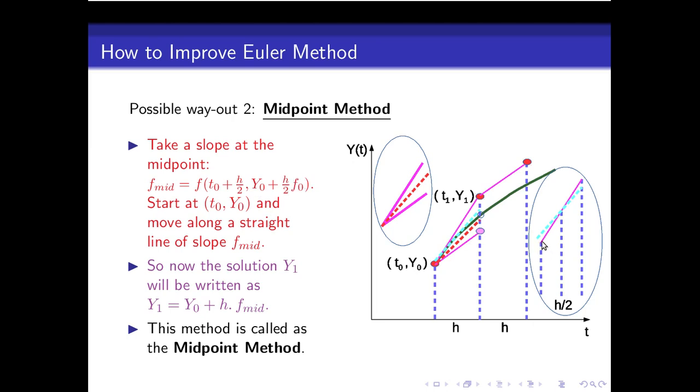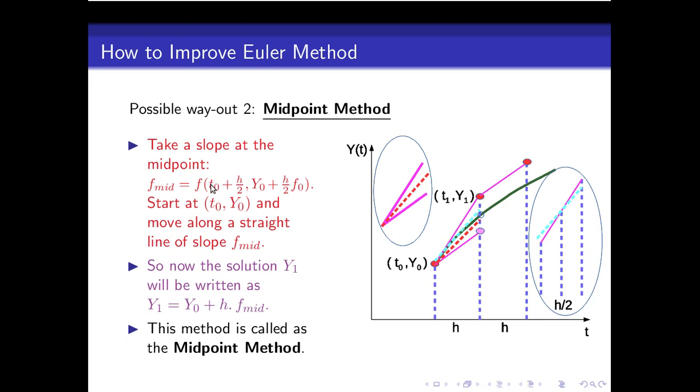Because this point is y0 and you have moved an amount h by 2 along the slope f0. So at this point the value of y is y0 plus h by 2 into f0. At this point the value of y is y0 plus h into f0, but at the midpoint the value of y should be y0 plus h by 2 into f0.